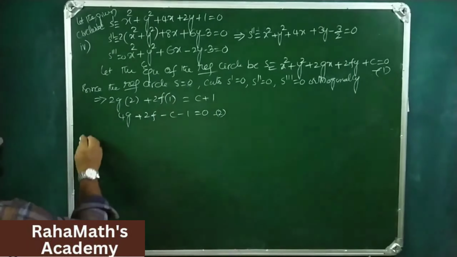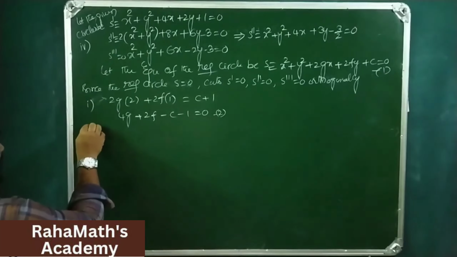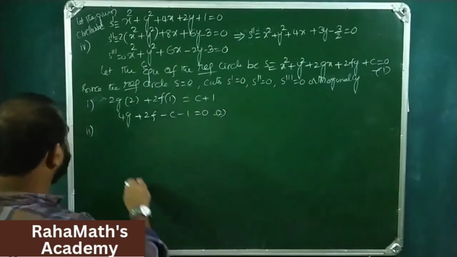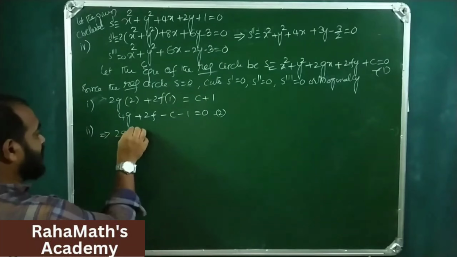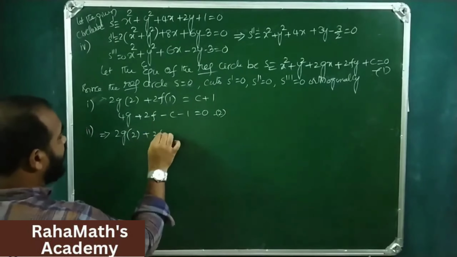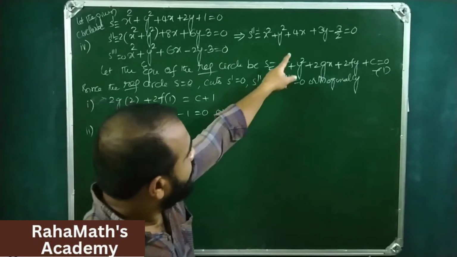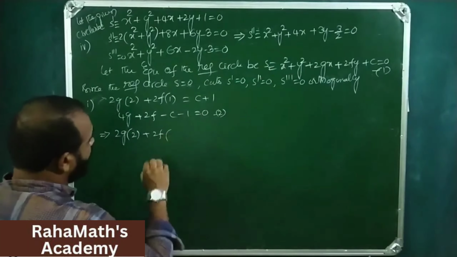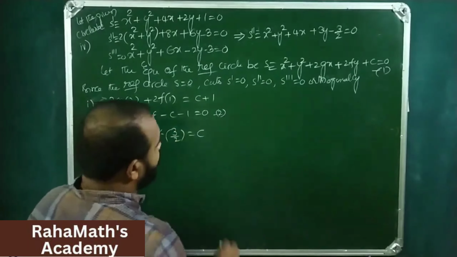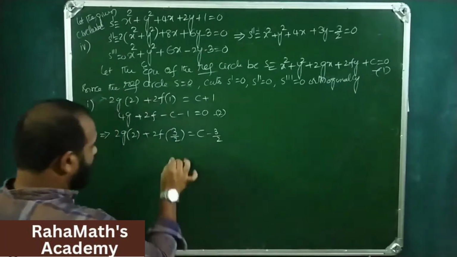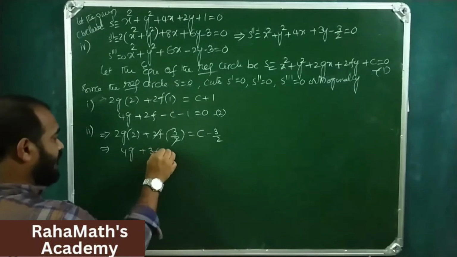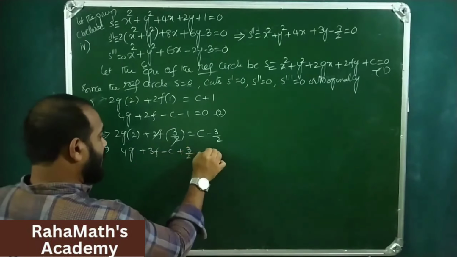So now, for this, S equals to 0 cuts S double dash equals to 0 orthogonally, which implies 2g into g dash, 2f into f dash, 4 by 2, that is 2. So 2f into 3 by 2 is equals to c plus c dash, 3 minus 3 by 2. 2 gets cancelled. 4g plus 3f minus c plus 3 by 2 equals to 0.